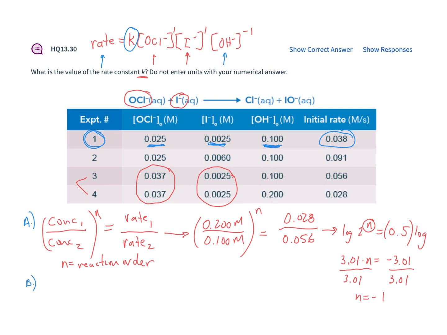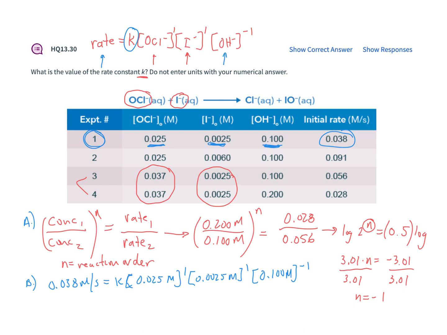Using experiment 1, the rate is 0.038 molar per second. I don't know my rate constant, but I have that rate when I've got 0.025 molar to the first, 0.0025 molar to the first, and 0.1 molar to the negative 1.